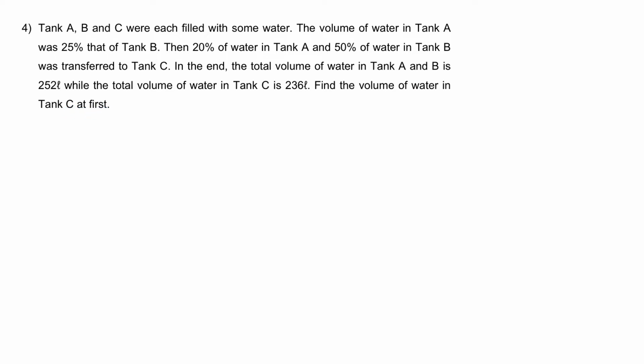Before we start, we're going to change all the percentages to fractions. So 25% is a quarter, 20% is 1 out of 5, and 50% is going to be half.